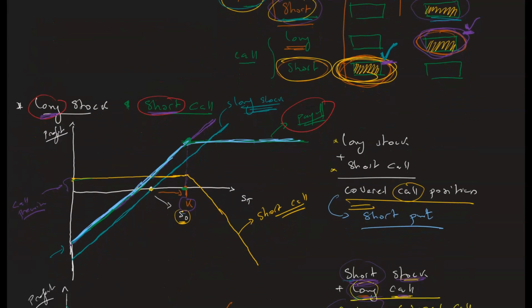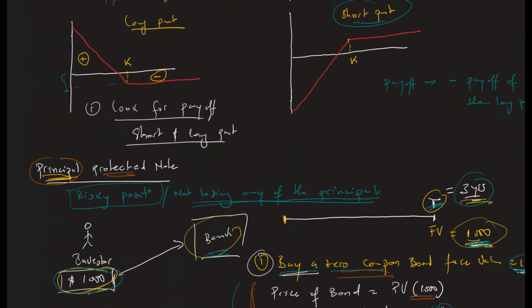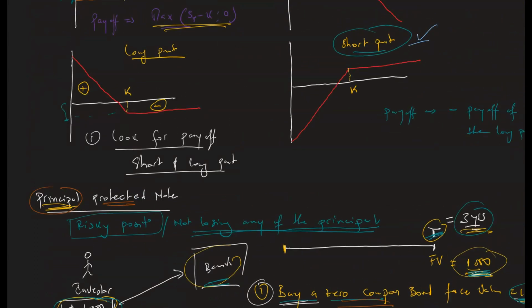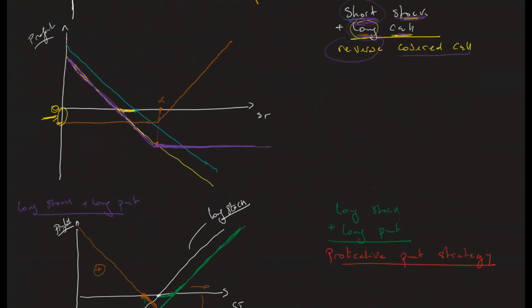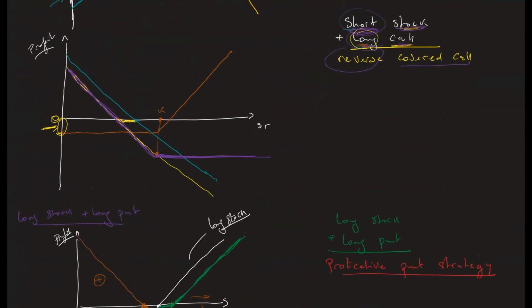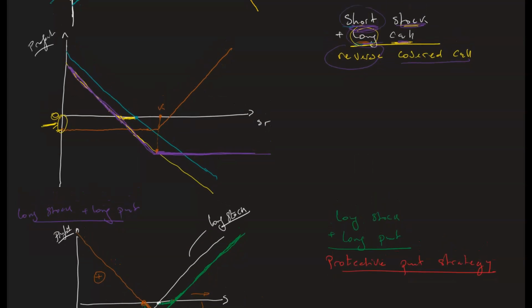The covered call, which is this blue line here, has exactly the same shape as our short put. So our covered call replicates the short put. Now let's take a look at the payoff for the reverse covered call. For the reverse covered call, we took a short position in the stock and a long position in the call, and that gave us this purple line that I'm now going to override with the blue here.